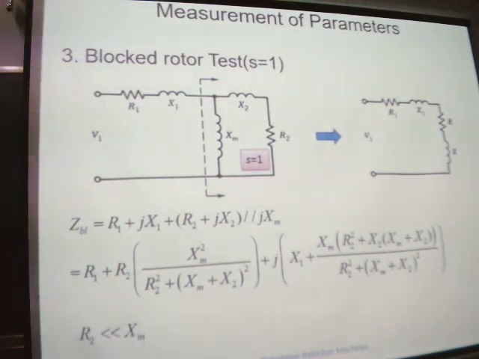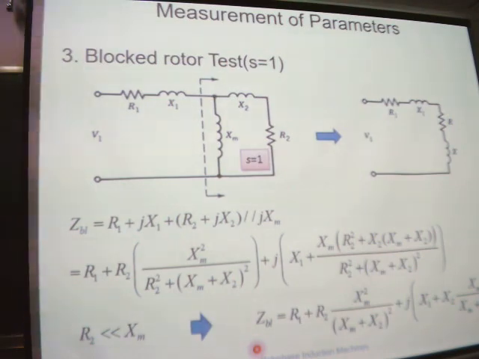Because R2 is very much smaller than Xm, we can simplify this equation. So Z blocked can be simplified as this. It's a simplified form.